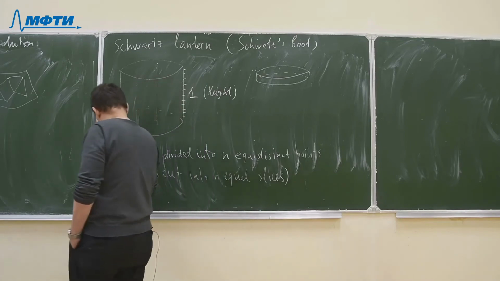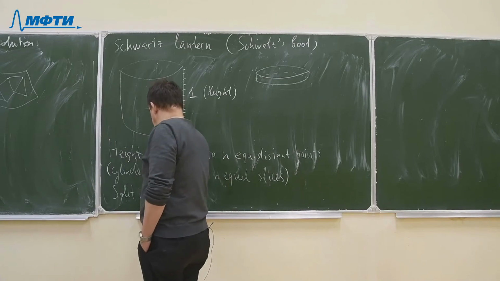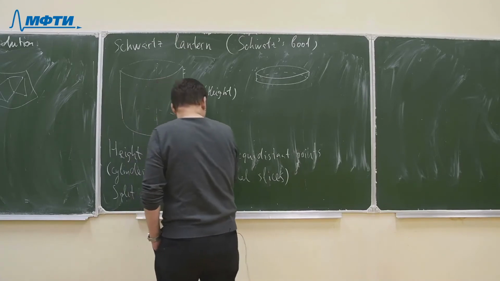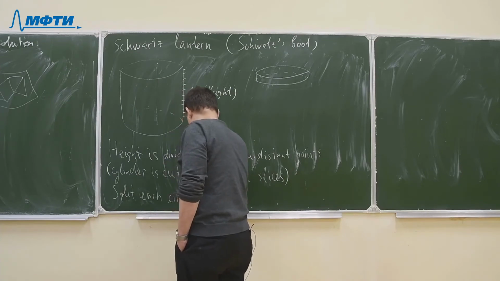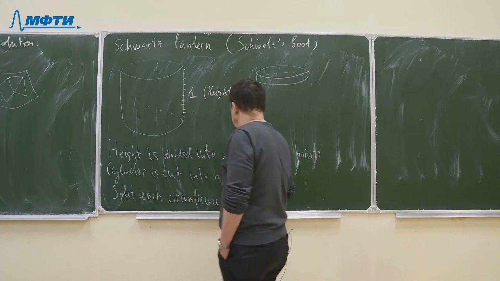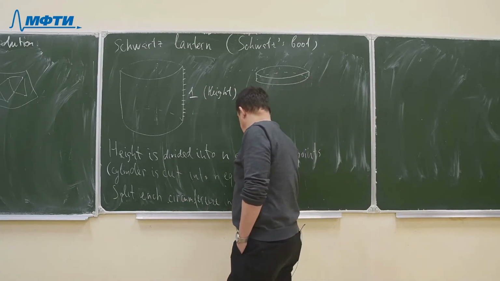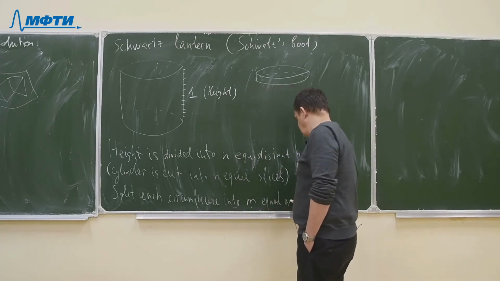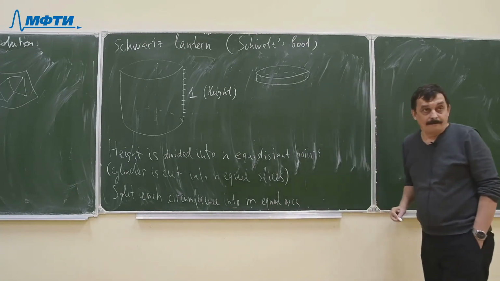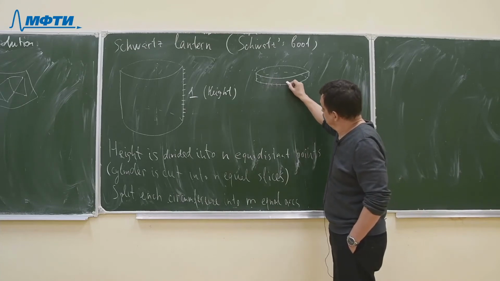Split each circumference in our slices into m equal arcs. But what is important? Equal arcs.